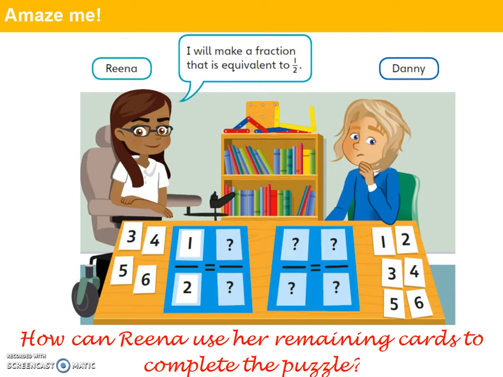She's already worked out 1/2 and we've got the idea of equals, which is the idea of equivalent fractions, meaning the same as. We're going to be looking for a fraction that is going to be the same as 1/2, or equivalent. So using the number cards of 3, 4, 5 and 6, how can we select the cards to work out what our fraction should be?